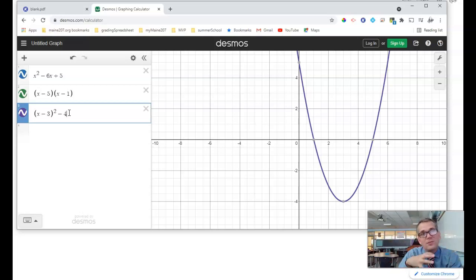And now I want you guys to transfer this graph to the grid, and I want you to pay special attention to these intercepts. Where is this thing crossing the x-axis? Where is it crossing the y-axis? And where is its vertex? So when I go back to the grid, I'm going to make sure I have a y-intercept at 5, x-intercepts at 1 and 5, and a vertex at 3, negative 4.